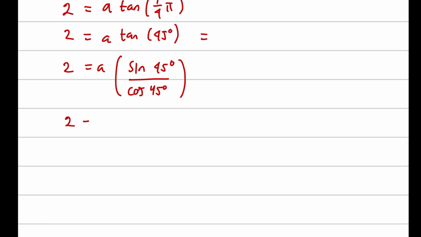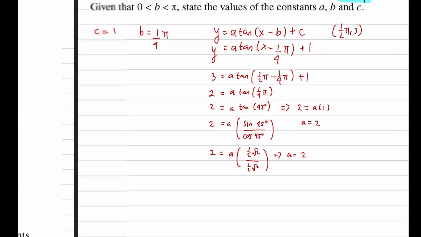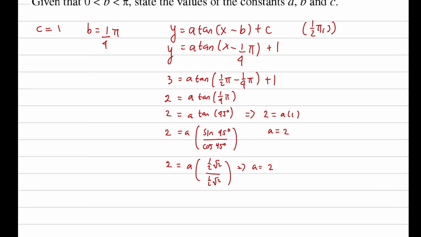If you use the manual way, you get 1 over 2 square root of 2 over 1 over 2 square root of 2, which is 1. If you use a calculator, tangent 45 degrees or tangent 1 over 4 pi is 1, so 2 equals a times 1, so a equals 2. So here we have a equals 2, b equals 1 over 4 pi, and c equals 1.